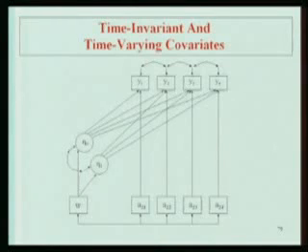Time varying covariates, A21, A22, A23, A24. In our math example, with math achievement as the outcome, the time varying covariate could be attitudes toward math. So Mplus can estimate models with one or both types of covariates.